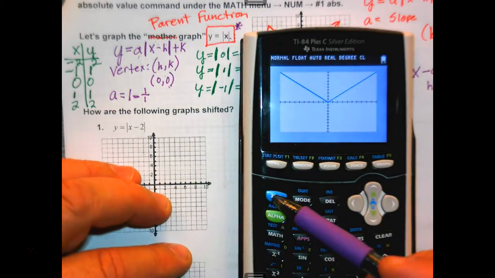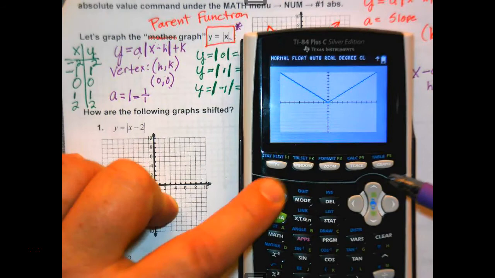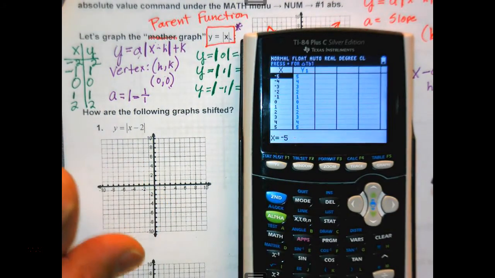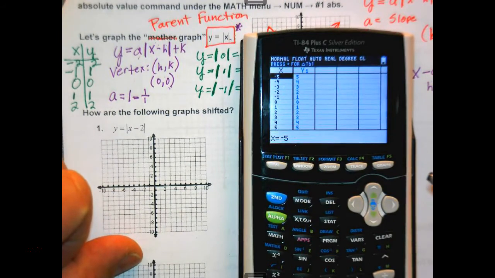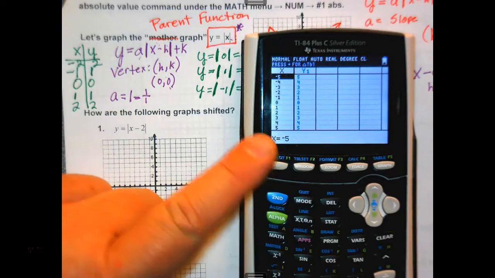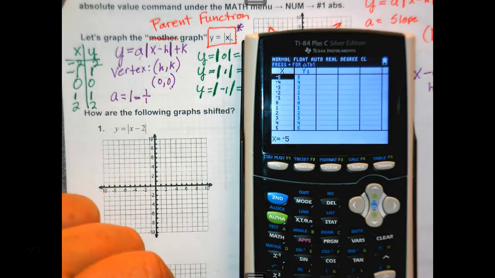Hit your second button and hit the graph button. And lo and behold, there's my chart.